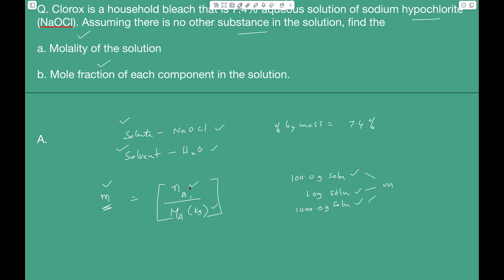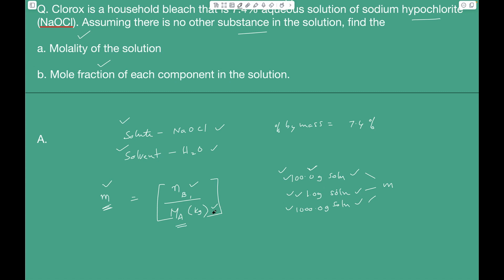This ratio is going to be the same. Of course, the number of moles of solute will change with the amount of solution you have taken. Also, the mass of the solvent changes with the amount of solution you have taken. But the ratio always remains the same for a given solution.